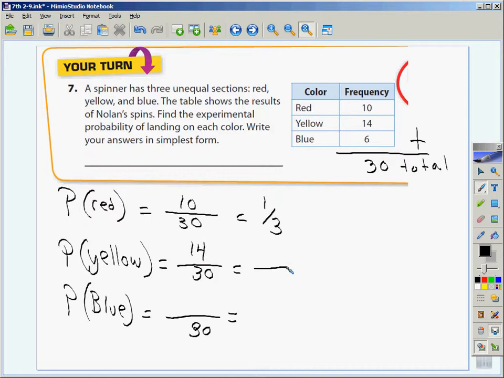It too will simplify. 14 and 30 are both divisible by 2. It goes into 14 7 times. 2 goes into 30 15 times. Probability of blue, 6 out of 30. 1 out of 5.